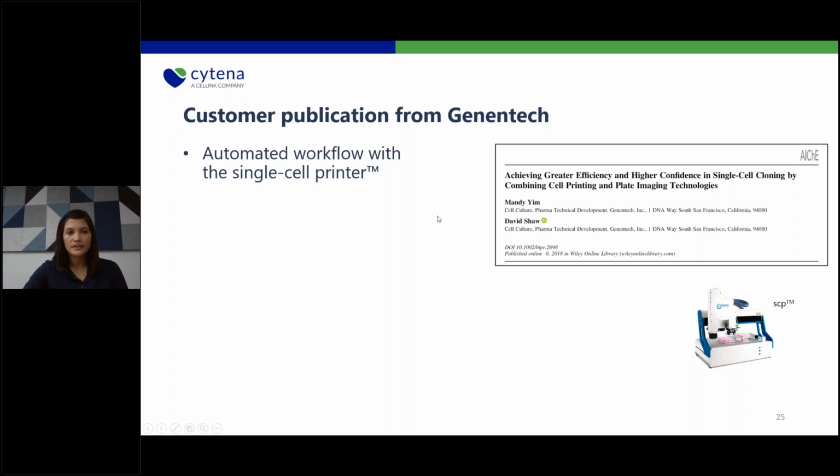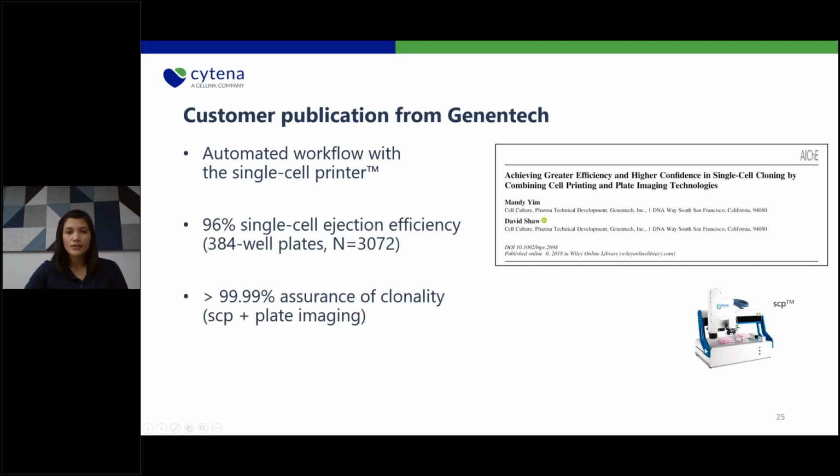So the group established a fully automated workflow with the SCP, and the outcome was that they reached 96% single cell ejection efficiency, and they checked over 3,000 wells.